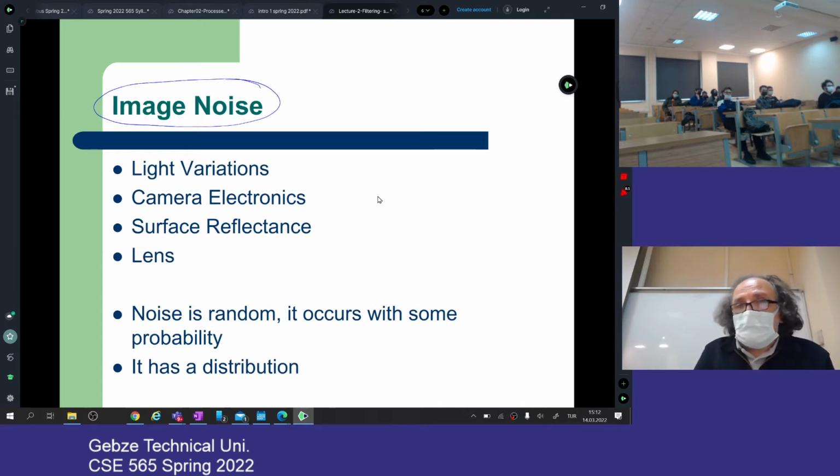That's because our electronic components carry this noise. If a pixel produces a 102 gray level for the first take, without changing anything, it's going to produce 105. There will be a few intensity levels of difference.